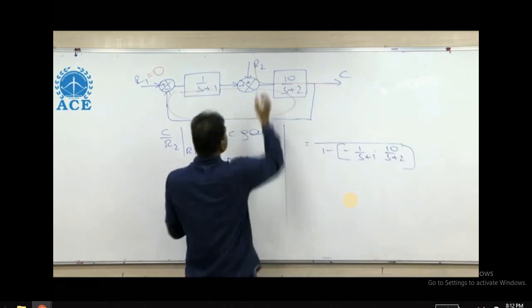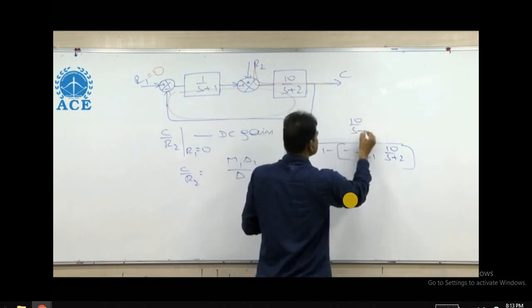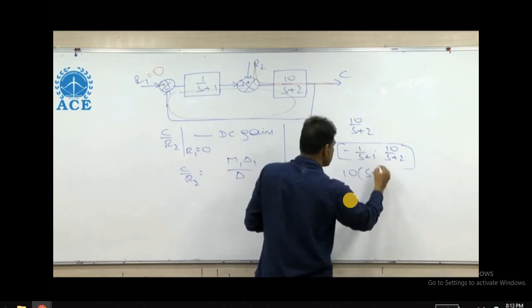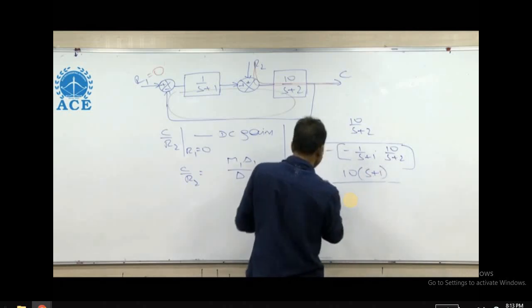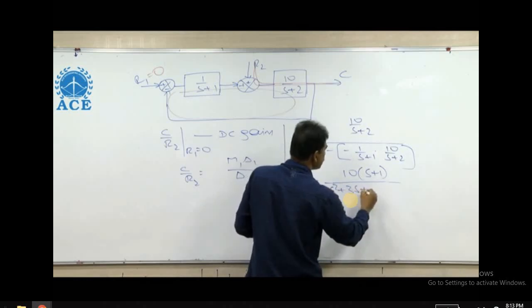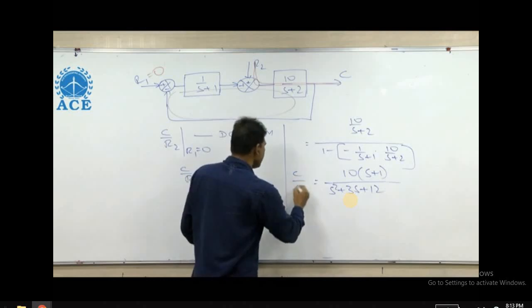And the forward path R2 to C is 10 by S plus 2. Simplifying this, 10 into S plus 1 divided by S square plus 3S plus 12, you get it. This is the gain C by R2.